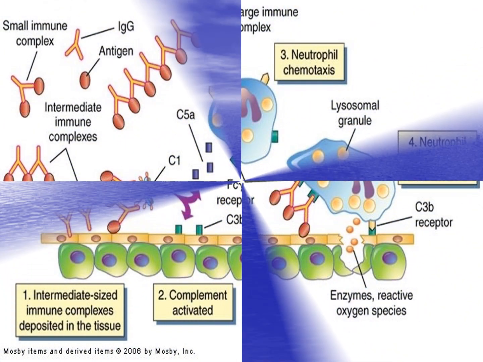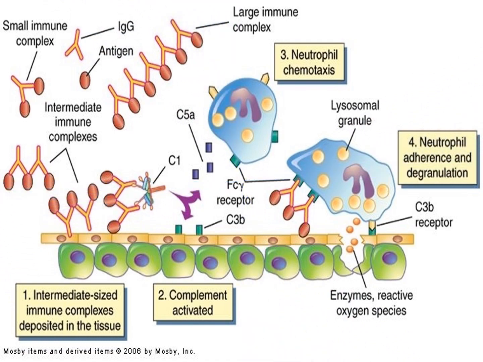In type 3 hypersensitivity reactions, however, what we find is that the antigen-antibody complex forms first in the body fluids. In some cases, the antigen and antibody form small immune complexes. These are fairly small and remain soluble in the body fluid or blood. Others can form large immune complexes like this one right here, and oftentimes our neutrophils will phagocytize these floating in the bloodstream.